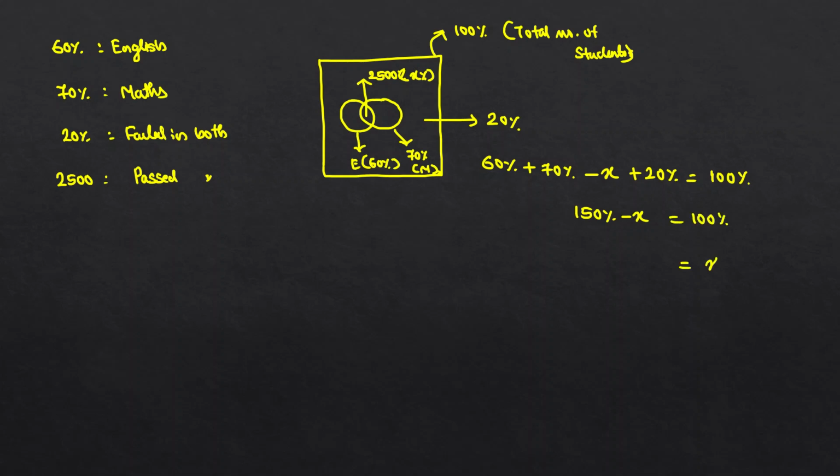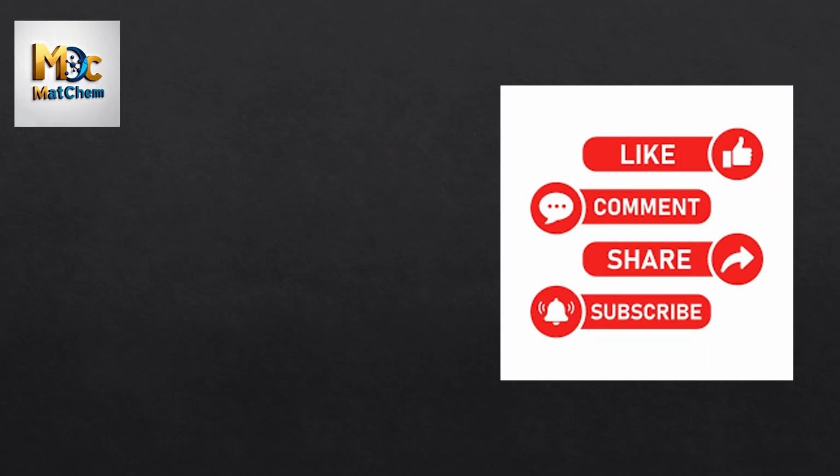If you take X to the other side, X percentage equals 50 percentage. They have given that X percentage, that is 50 percentage, equals 2,500, which means 100 percentage equals 5,000. So we can directly get the answer. It's a very simple proposition, and the question can be understood more easily when solved using the Venn diagram.